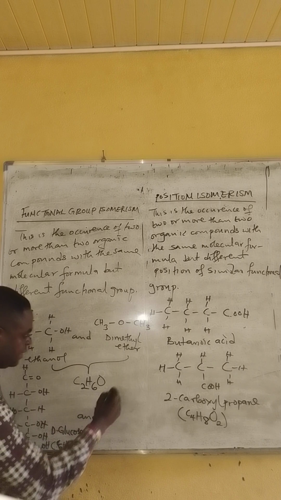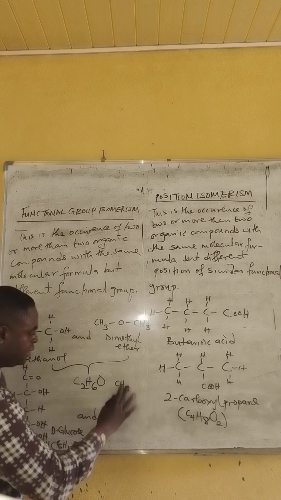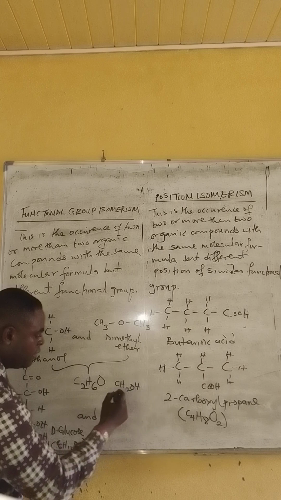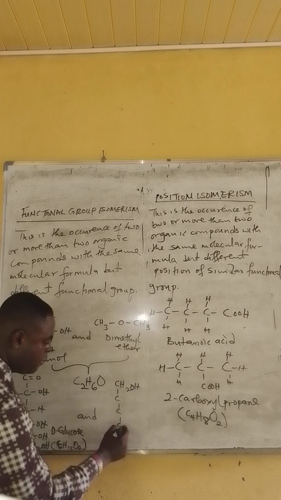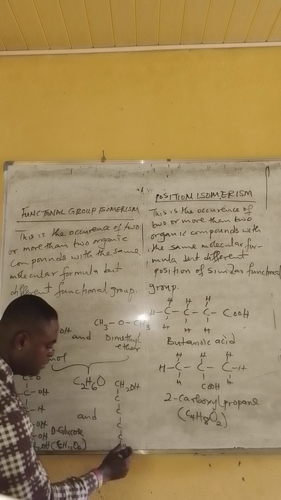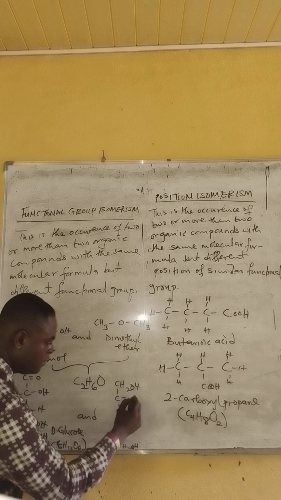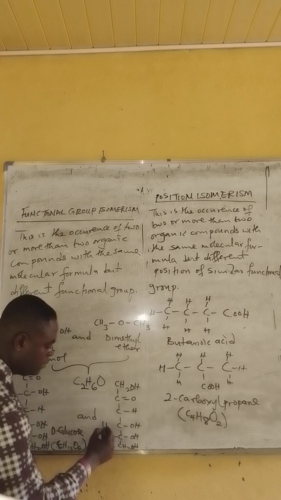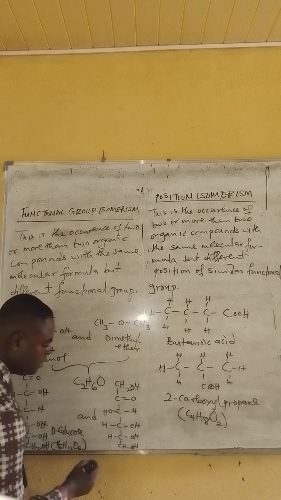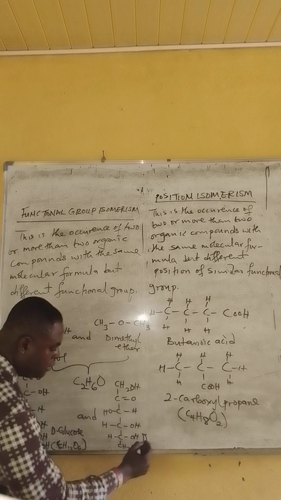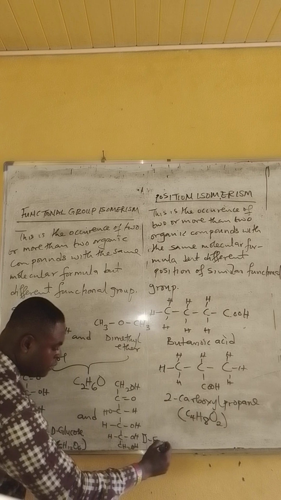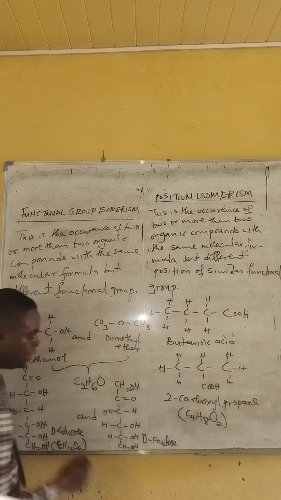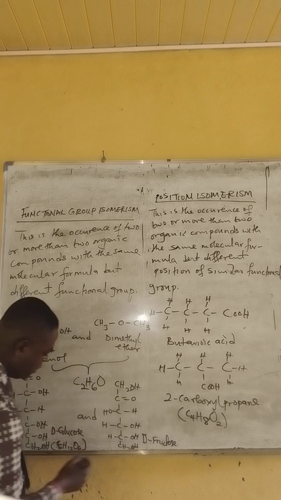So look at CH2OH, C=O, 2, 3, 4, 5, 6. Now this is fructose, D-fructose. Now this one is also what?